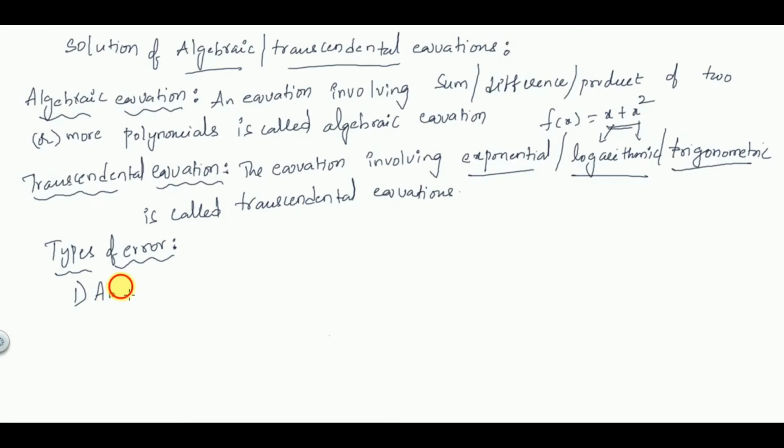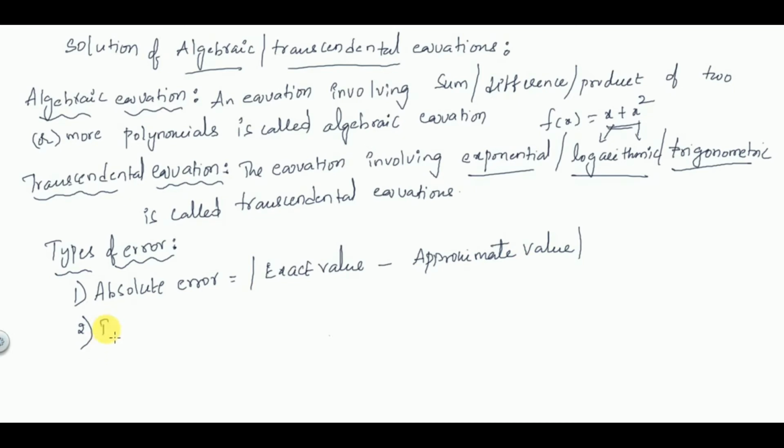First is the absolute error. Absolute error is equal to exact value minus approximate value. Next is the relative error.